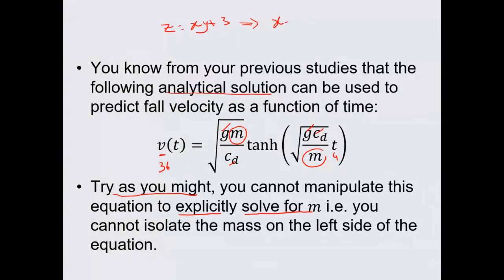You can say xy is z minus 3, then you can say x is equal to z minus 3 over y. So you can say now you have an explicit equation in x. It means you can isolate it, separate it, and bring the variable that you want to find on the left side, and you have the other things on the right hand side. So we call this an explicit equation.